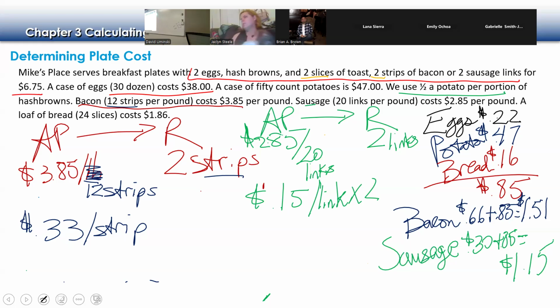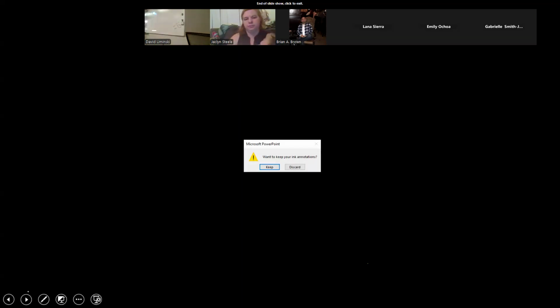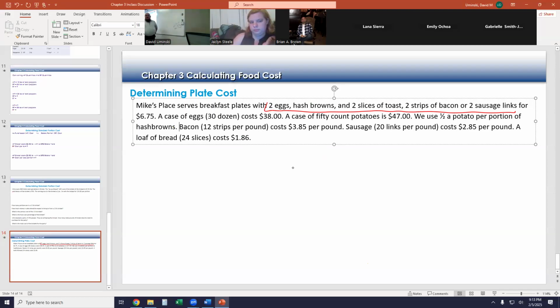Let's talk about the bacon, it's $2.58. For the sausage, it'd be $1.37. If you add up all your equivalents and what you're spending versus what they're paying for the breakfast. No, the total cost was $1.51.